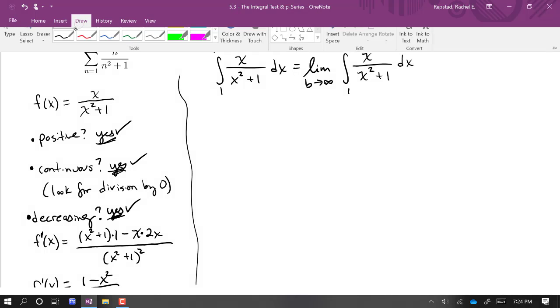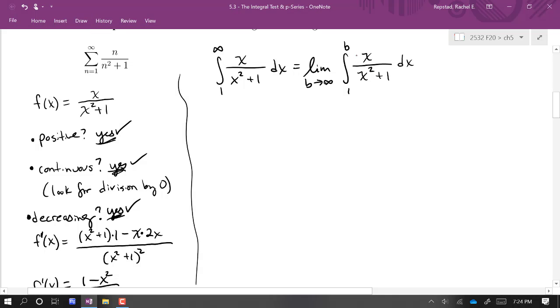I just need to add in a factor of 2. The derivative of x squared plus 1 is 2x, so I'm going to throw that in there and put the factor of 1/2 on the outside. So now this integral is ln of the absolute value of x squared plus 1. Of course, x squared plus 1 is always positive, so I'm not going to bother with the absolute value signs.